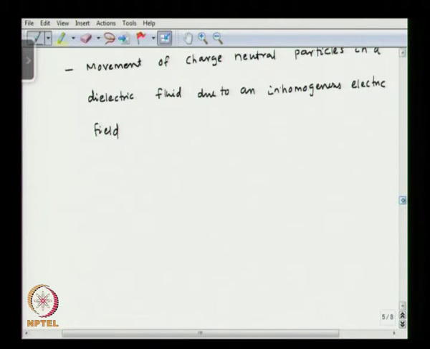Okay. So, we can create this inhomogeneous electric field by various methods. One approach is if we can use asymmetric electrodes, okay, where the electrode configurations are different, we should be able to create a non-uniform electric field.